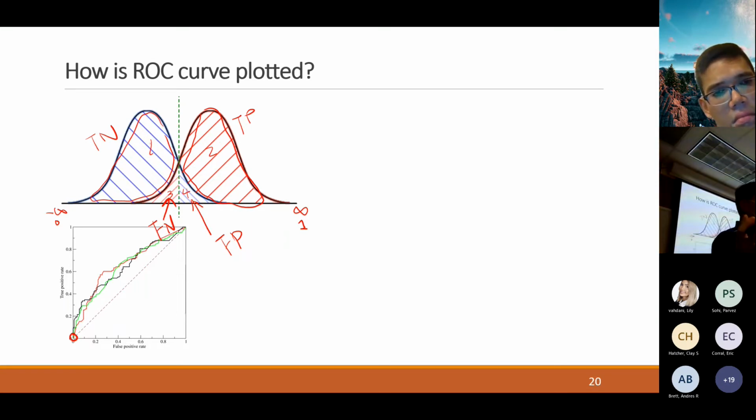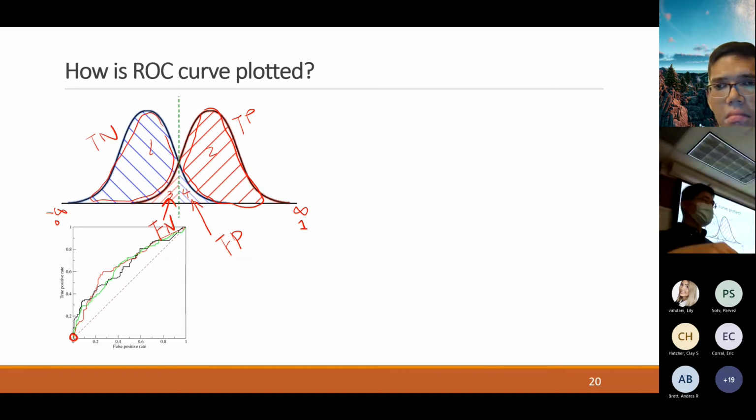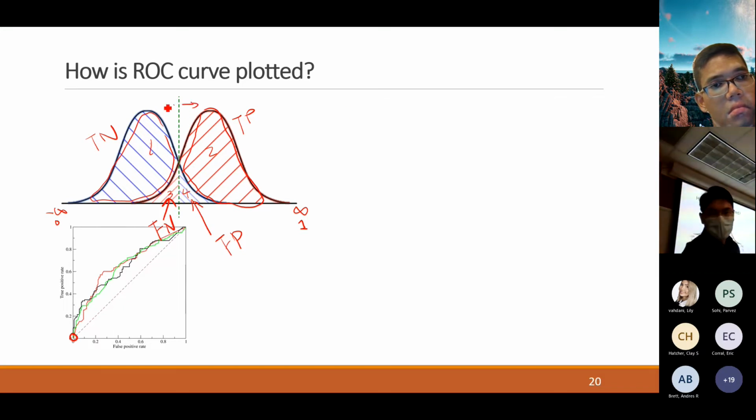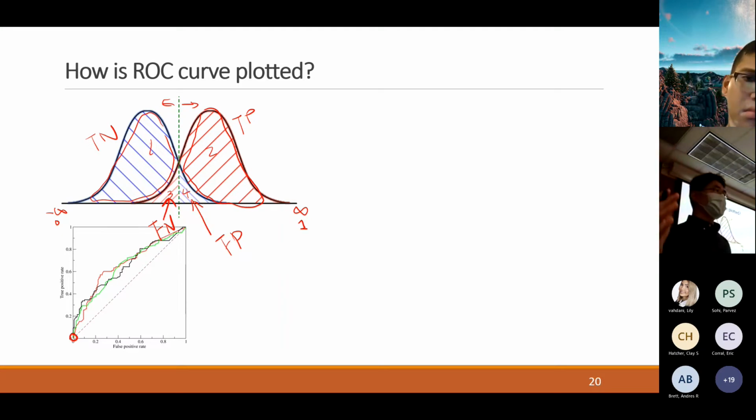How can you have a line that varies in those areas? It's not possible. But that's actually describing a single model. So how is this line made? It's made by artificially moving the decision threshold from the maximum to the minimum, and then plotting the behavior of the model under different scenarios.